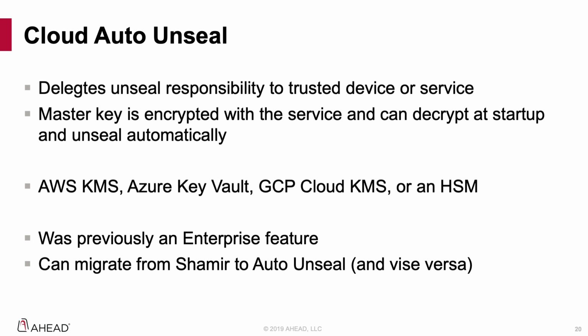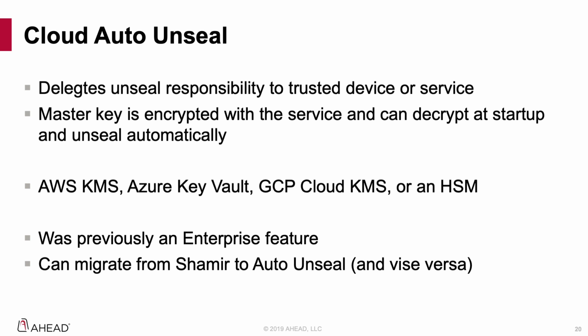That was the only way you could unseal Vault if you were running open source versions. If you had an enterprise version before version 1.0, you could use Cloud Auto Unseal. Thankfully, HashiCorp moved Cloud Auto Unseal into the open source version, so now anybody running open source can use it to unseal Vault. So what is Cloud Auto Unseal? It basically delegates the unseal responsibility to some type of trusted device or service.